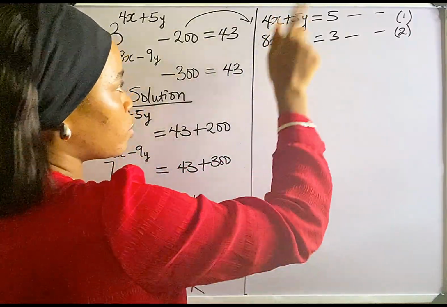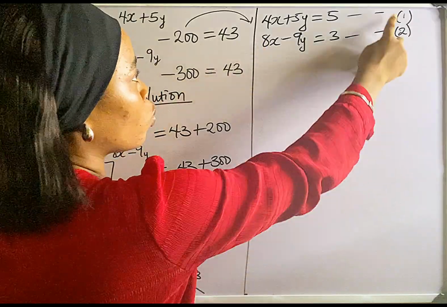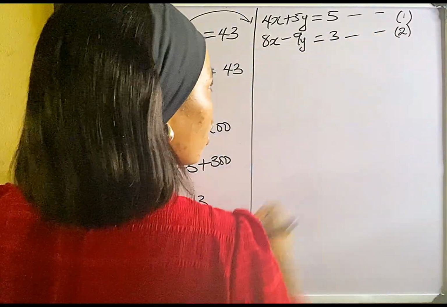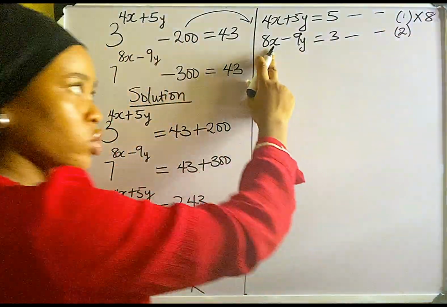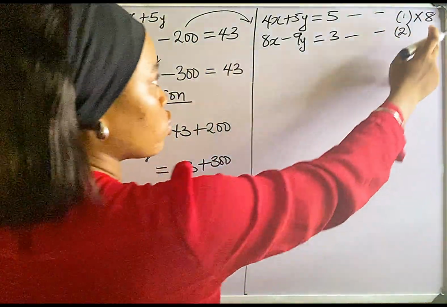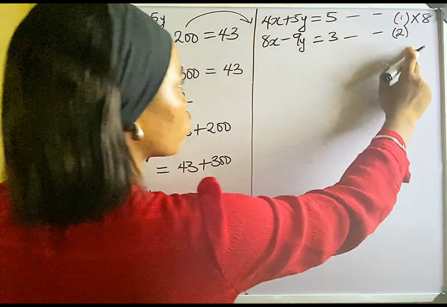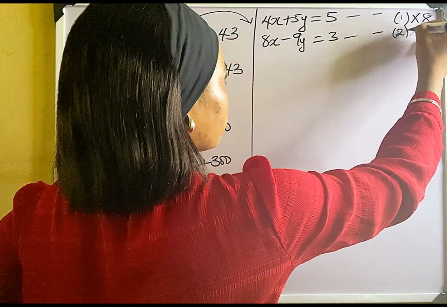Now for me to eliminate x, I'll simply multiply equation 1 by the coefficient of x in equation 2. That is, I'll multiply equation 1 by 8. 8 is the coefficient of x in equation 2. And then I'll multiply equation 2 by 4, which is the coefficient of x in equation 1.